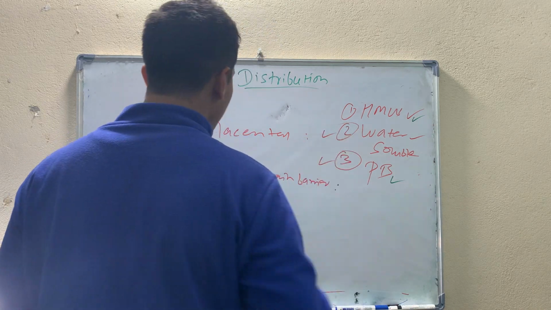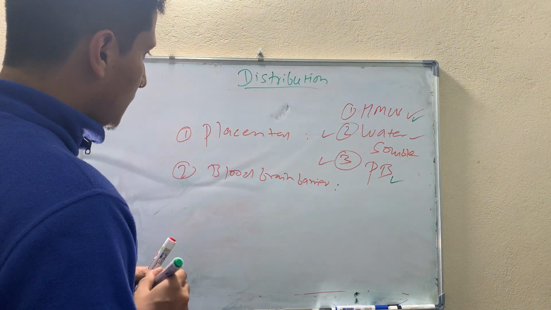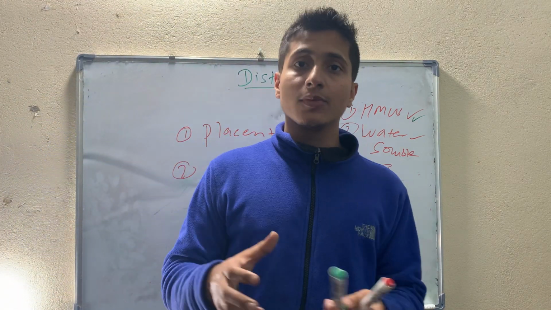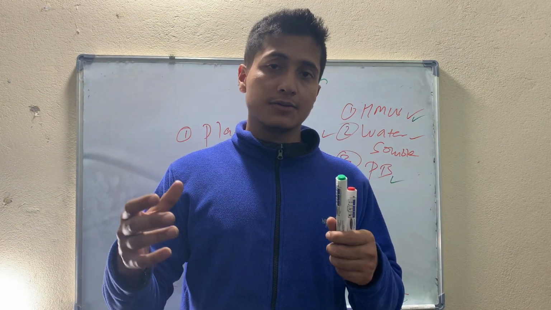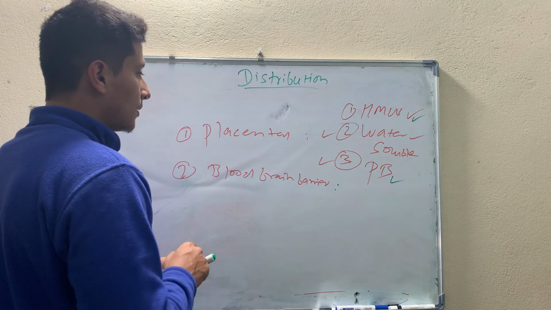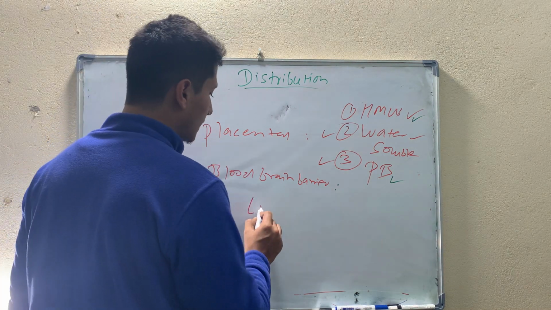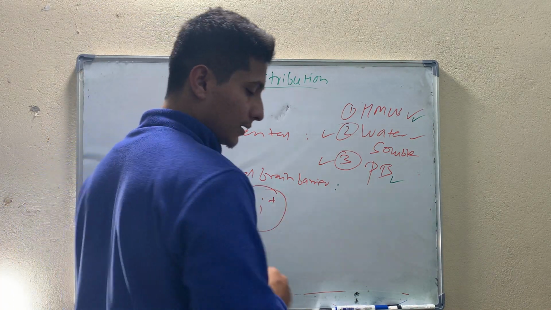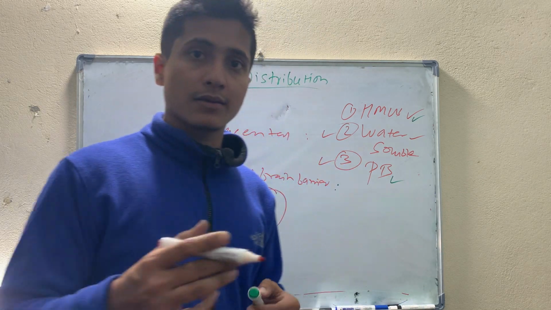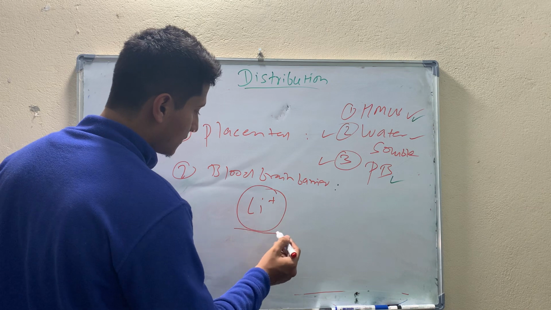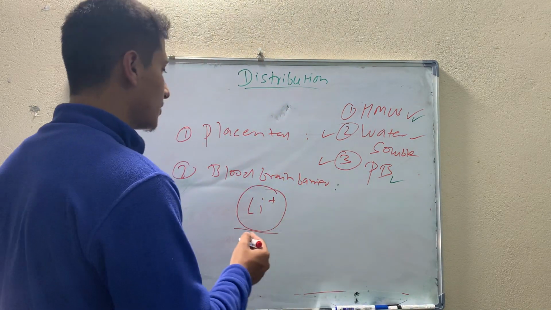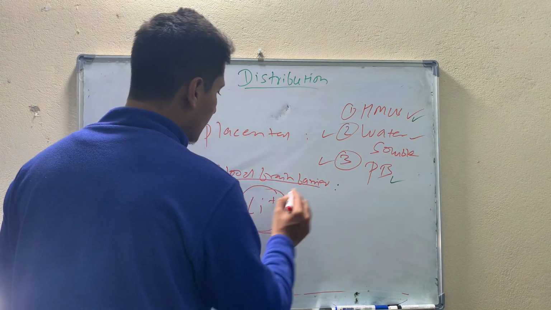And if the drug has low molecular weight, it can also enter through the blood-brain barrier, right? Now, one very high yield point: lithium. Lithium is probably the smallest molecule, right? It's the lowest molecular weight drug that can traverse through the blood-brain barrier.